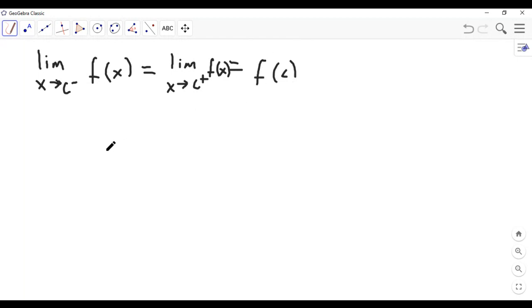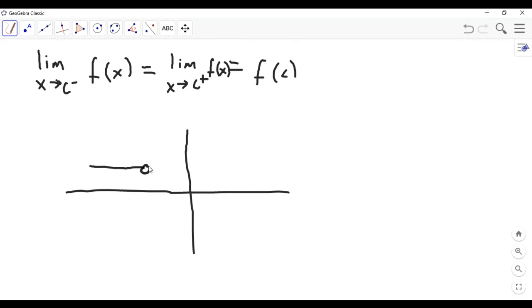Or in other words, the limit as you approach a point is equal to the exact value of the function at the point. And that is the definition of continuity. A function is continuous if the limit as a function approaches the point is the same as the function's value at that point.